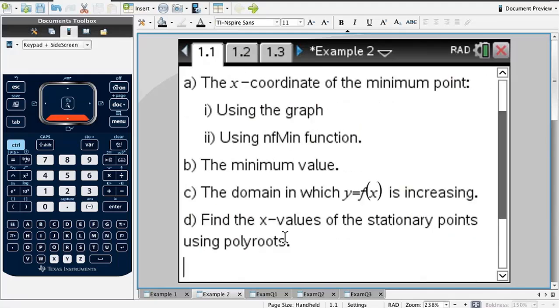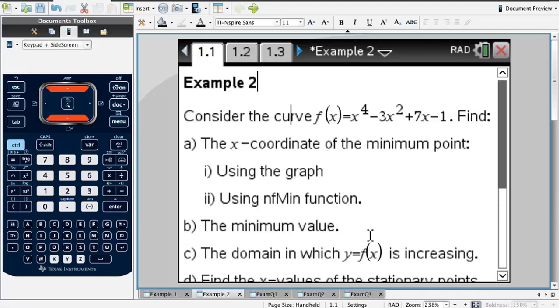Okay, so now let's find the x values of the stationary points using polyroots. We've already got the x value because it's only got one stationary point, the minimum, but this is another way to find the x values of the stationary points. Essentially, we're putting in the derivative, because stationary points are when the derivative equals 0.